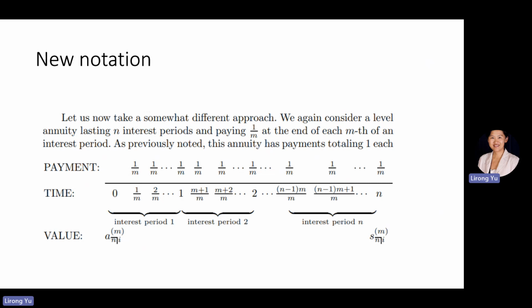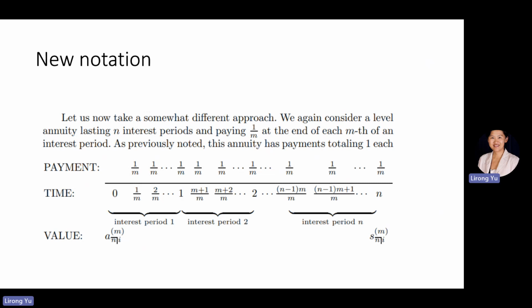M represents the number of payments per interest period. So the payment is $1 per interest period, but you're being paid more frequently. So it's 1 over m per payment period.